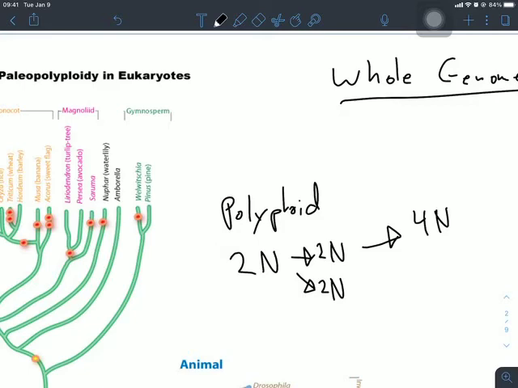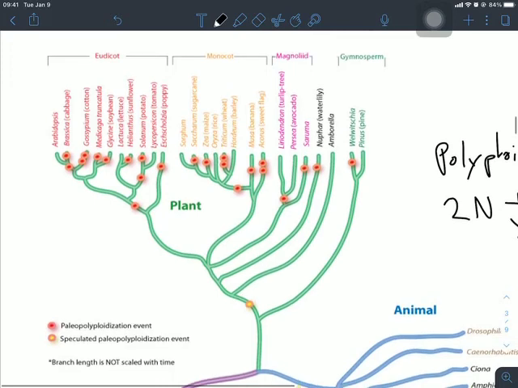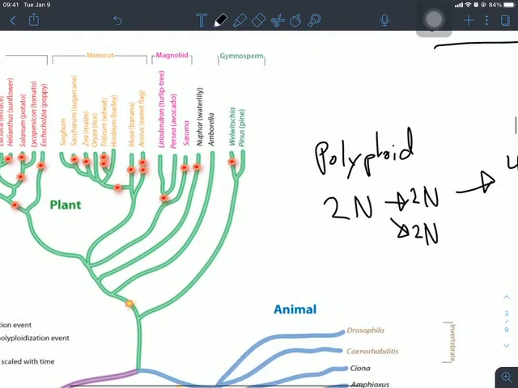Plants have all kinds of different examples of this. These whole genome duplications are very important in plant history because they allow for extra copies of genes, for mutations to accumulate, for basically evolutionary fodder, regions of the genome that you can play with to try to optimize the different environments.